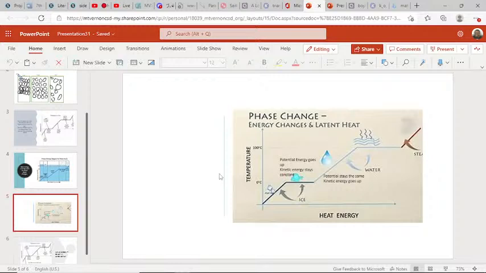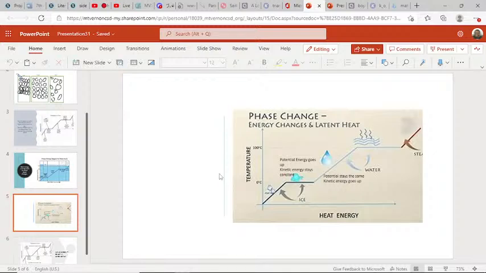Potential energy is stored energy. Kinetic energy is energy that's moving. So let's say I had a piece of paper.